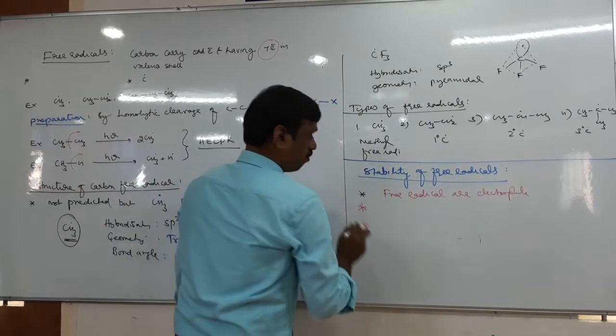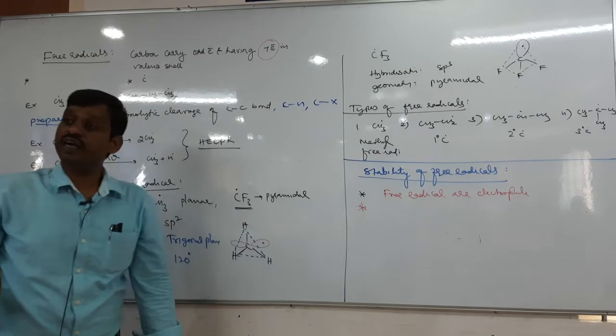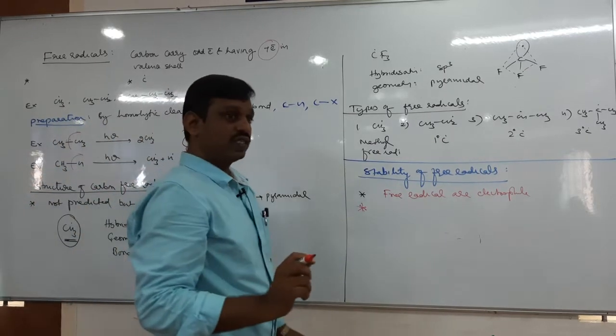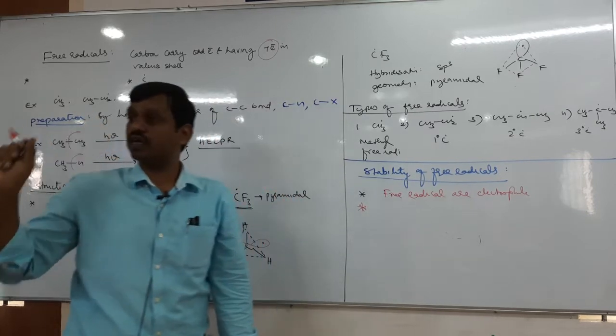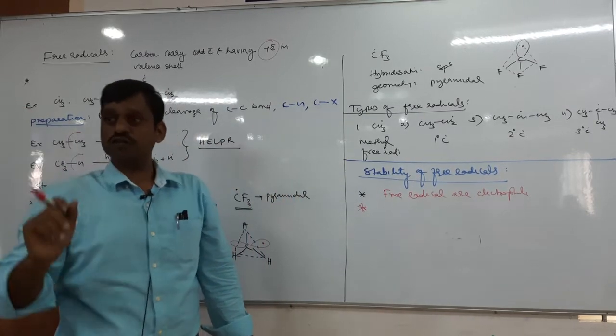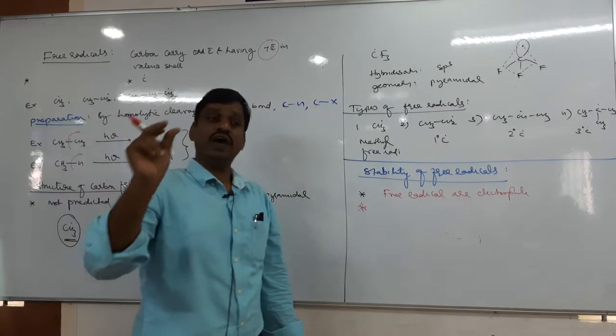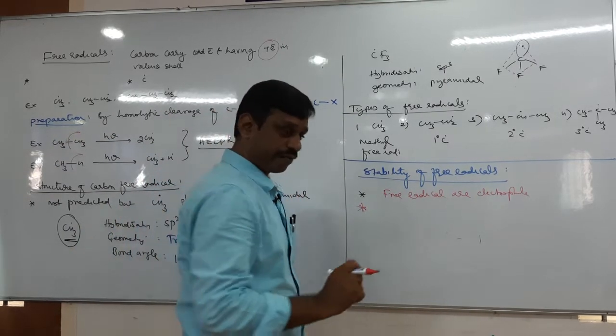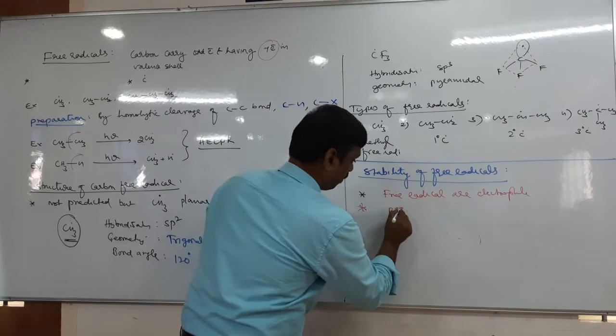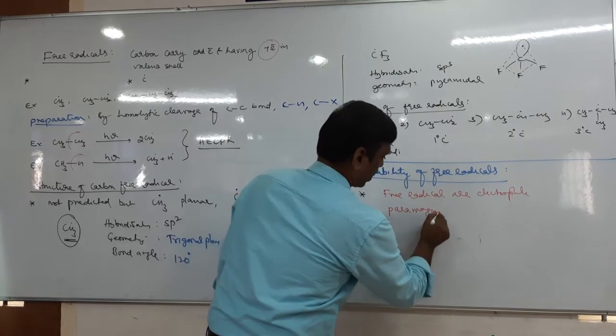Next, whether they are paramagnetic or diamagnetic. Remember, wherever a free radical or an odd electron comes, as you have studied in chemical bonding also, the species having an odd number of electrons are paramagnetic. Therefore, these are paramagnetic.